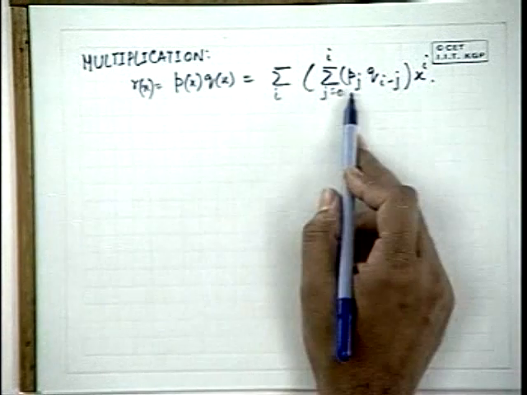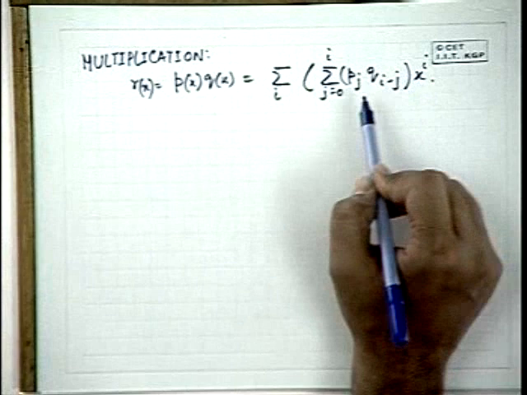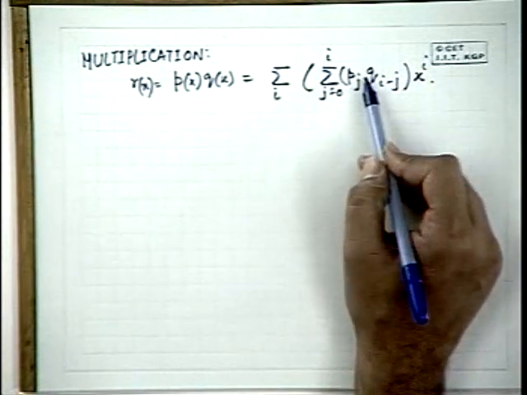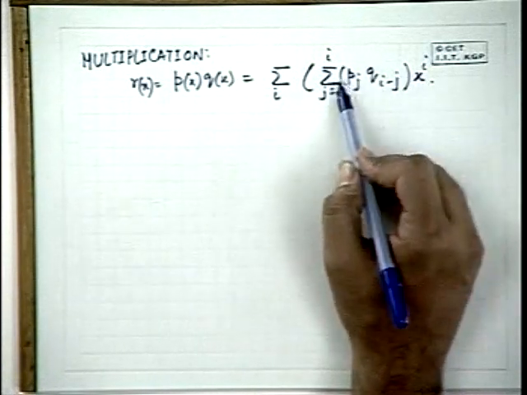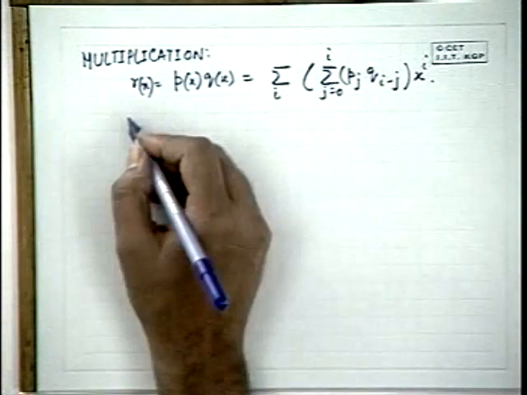So there is a double summation now, because to get the coefficient for xi in the new polynomial you have to multiply several coefficients whose corresponding powers of x when added up also give i. Okay, so that is the multiplication.